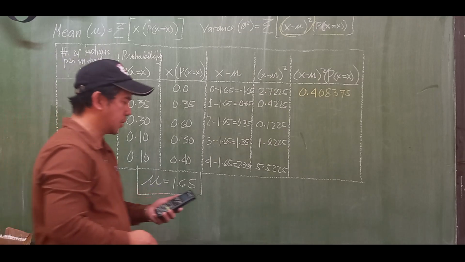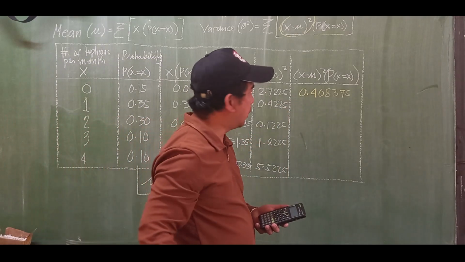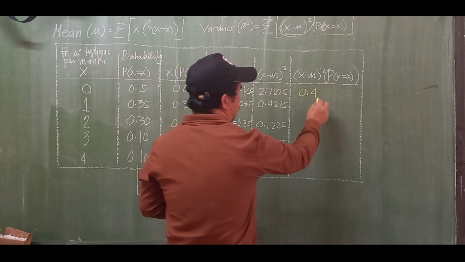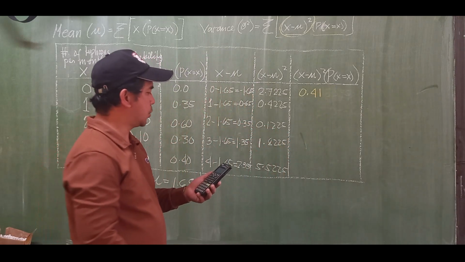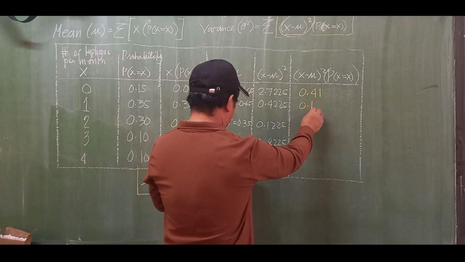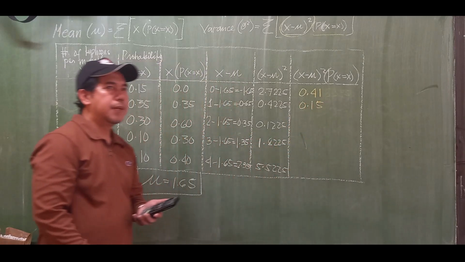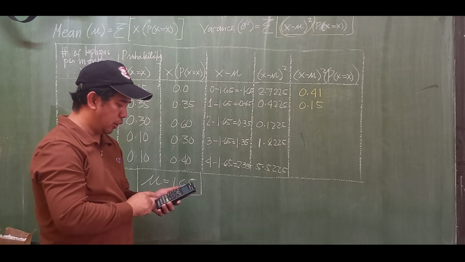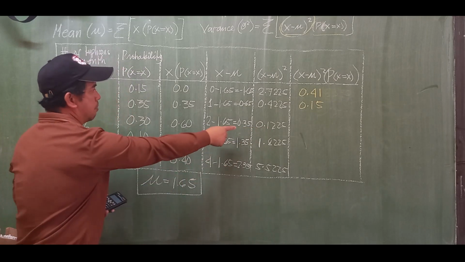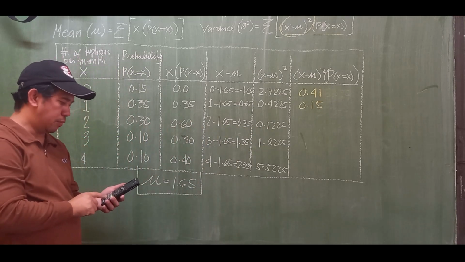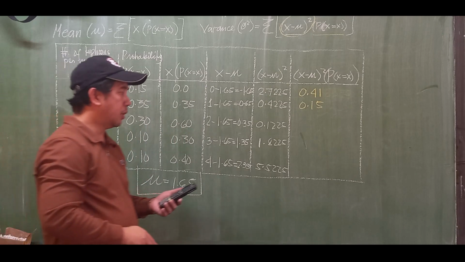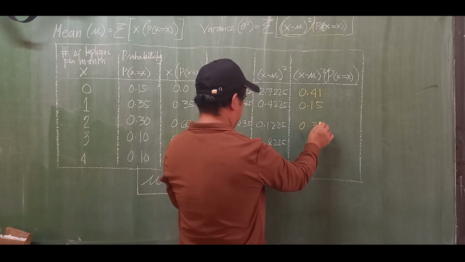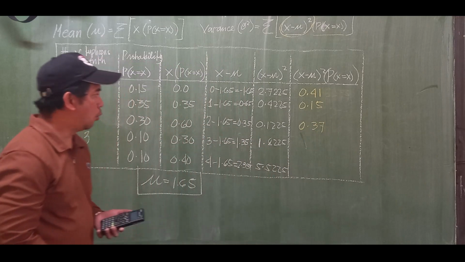Can we round it off immediately? This is the same as 0.41. Okay? Another one is 0.15. The next one is 0.1225 multiplied by its corresponding probability, 0.30. It will give you a result of 0.37.